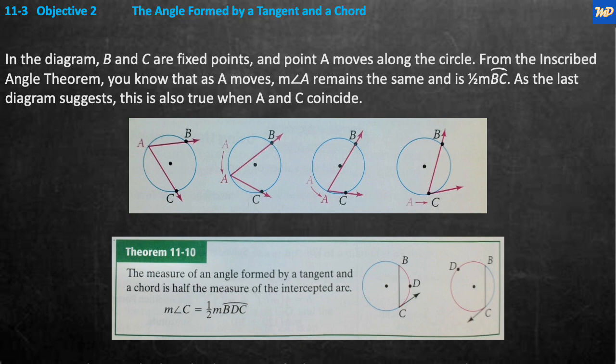Because BC is fixed. They say right here, points B and C are fixed. They never move.